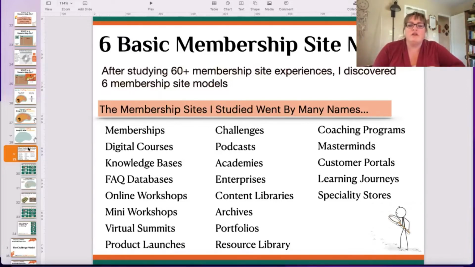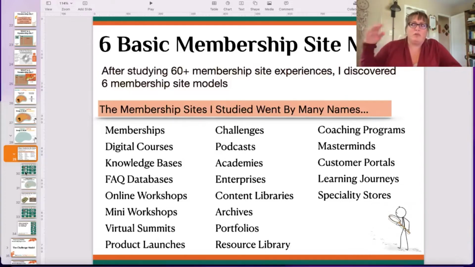And anything that fell under this umbrella could have been something that somebody called a membership or a digital course or a knowledge base or an FAQ or an online workshop or a mini workshop or a portfolio, archives, libraries, coaching programs, masterminds, customer portals. It all kind of fell under this very broad umbrella of a learning experience and a virtual membership space that they were creating. So after deep diving into all of those different spaces, I came up with the conclusion that there really are 6 different types of membership models that exist out there.